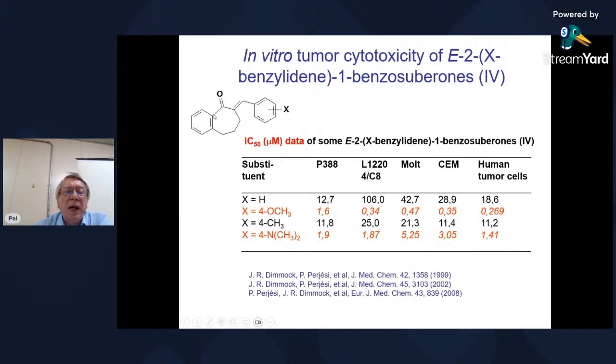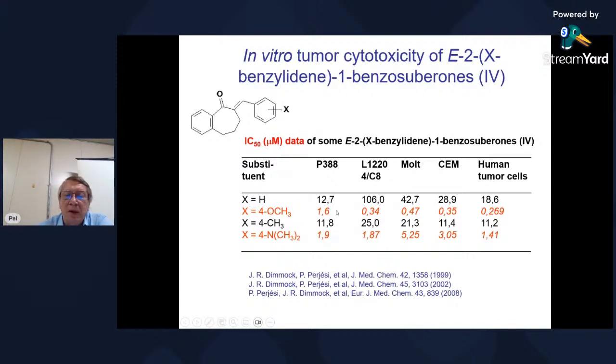Among the 7-membered ring chalcone analogs, so-called benzosuberone derivatives, here I can show the IC50 data of some selected derivatives with different substituents on the benzylidene units.